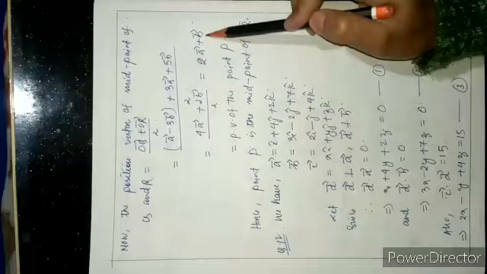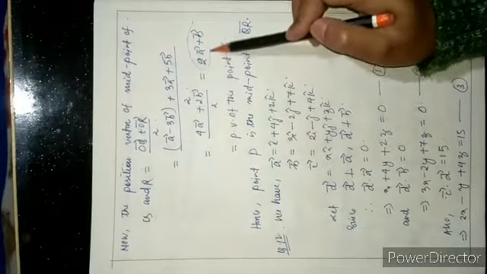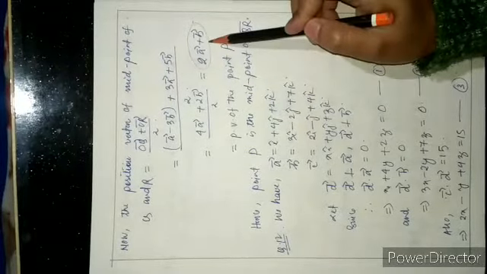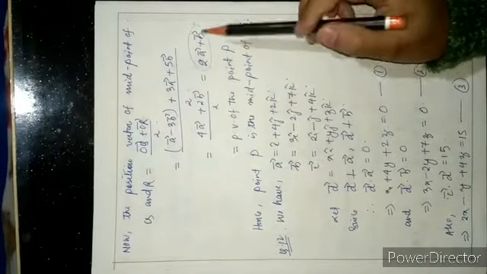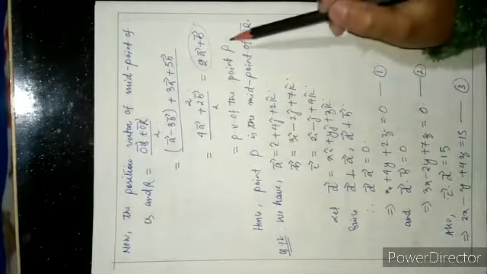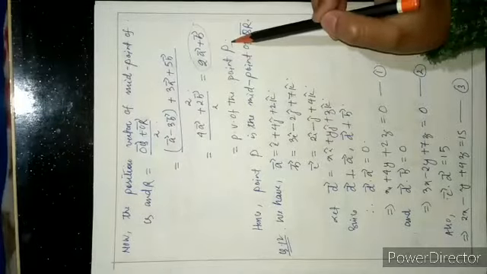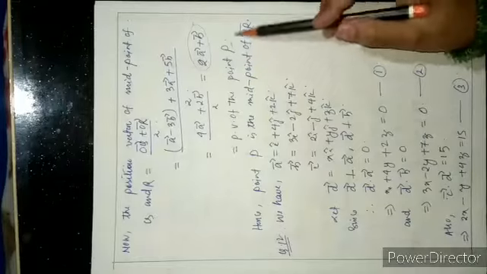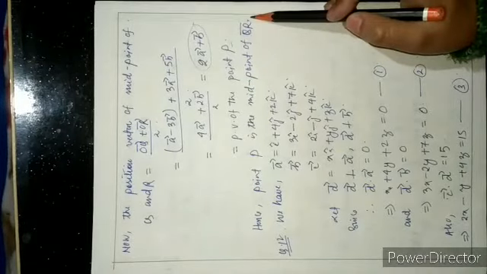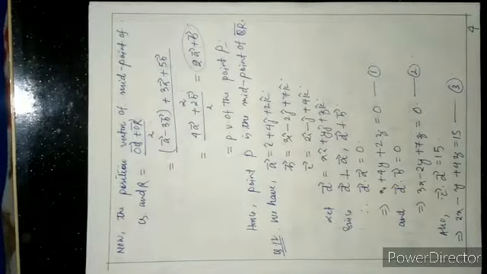We have 2A vector plus B vector, which is the position vector of the point P. P is the midpoint of line segment QR. Similar to this is question number 9.